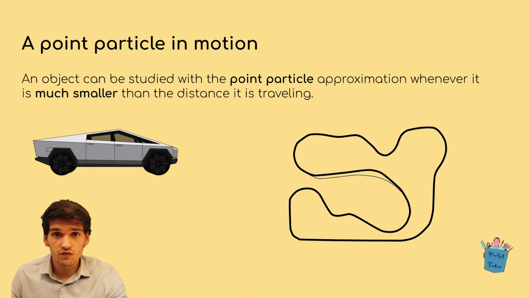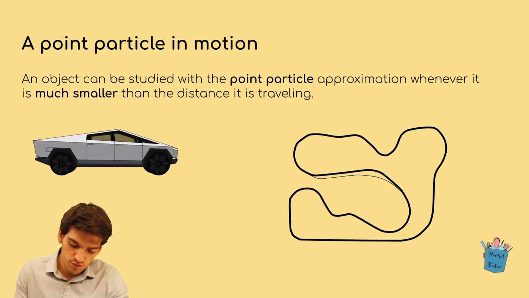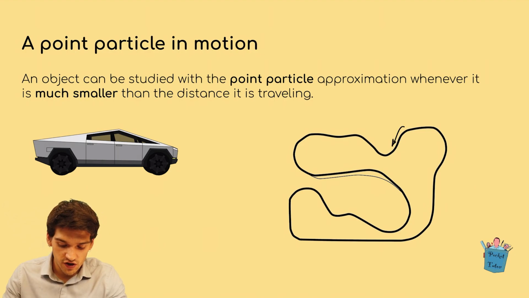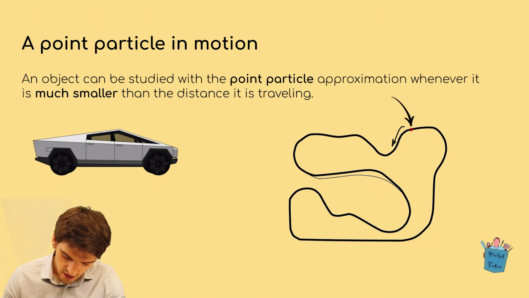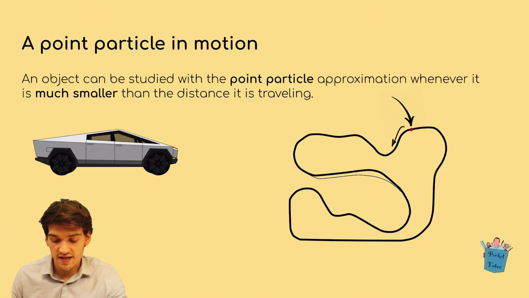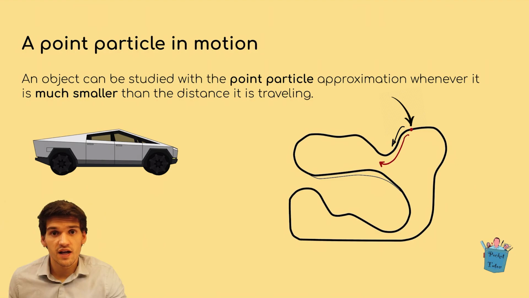Like in this case, if we are considering the Cybertruck that is moving along this racetrack, we can approximate it as a point particle, since it is much smaller than the track itself. And this is very useful, since we can consider all the huge body as a single point, like this one, and we can describe the whole system as a single point traveling along this path.